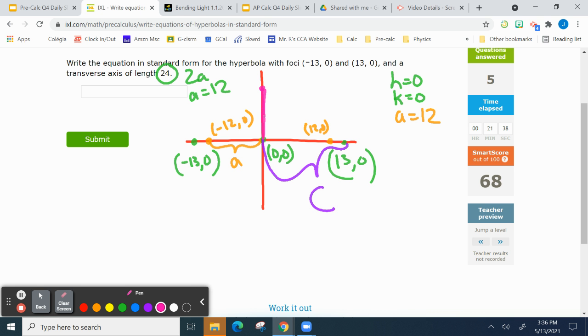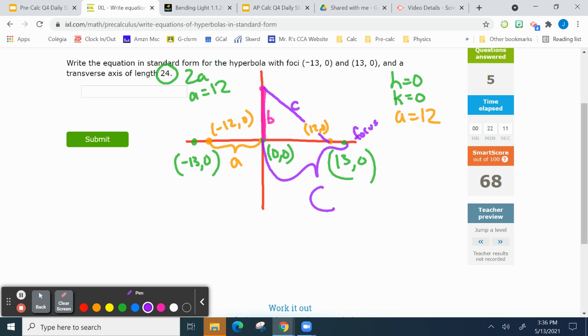I'm going to make that a little lighter so it's clear what I'm looking at. That's going to be my B length, right? That's what I need, my B. But it turns out that this length C that goes out to the focus is also the length from the end of the conjugate axis to the vertex.